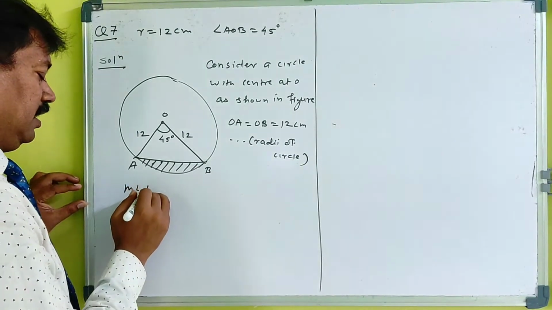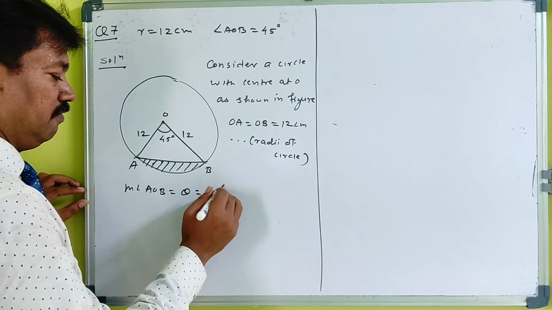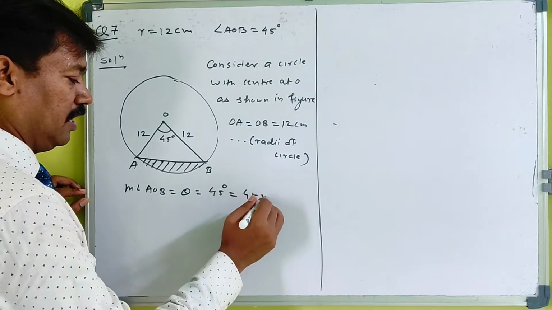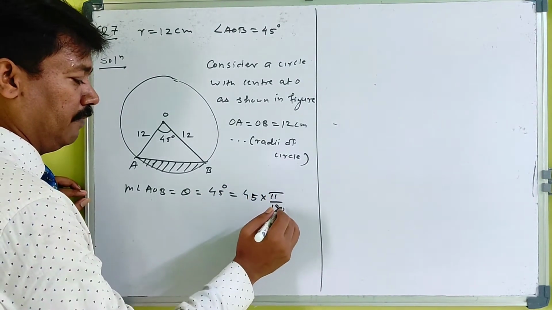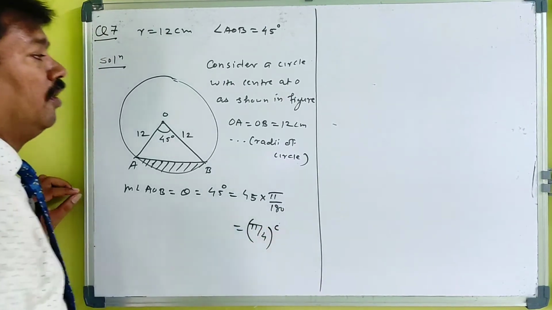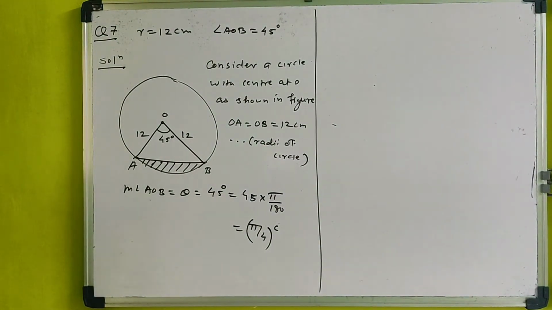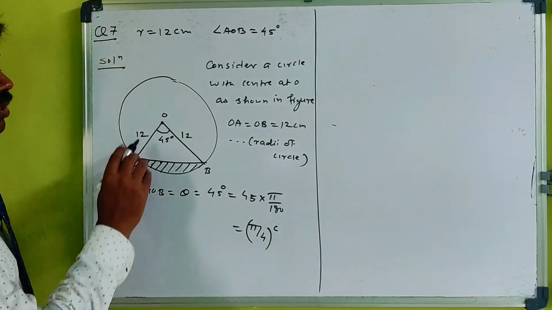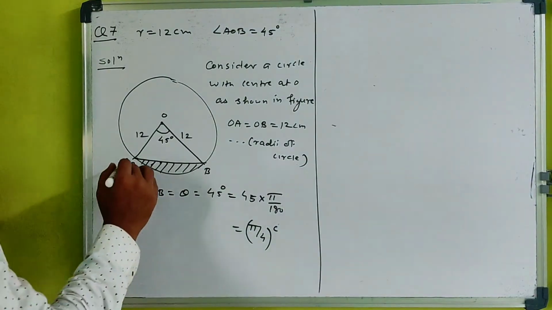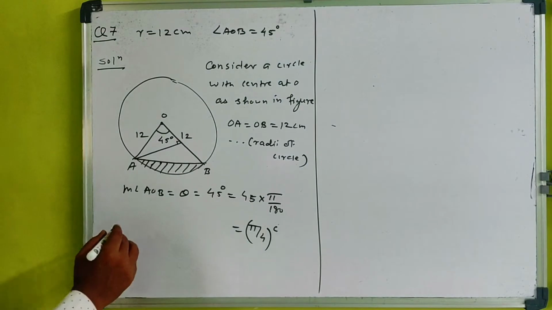And measure of angle AOB is equal to theta, 45 degree. That means 45 into pi upon 180, which is nothing but pi by 4 radian. Now the important job is to find the area of the triangle. So we have to find the area of the triangle. I am drawing this here: drawing AM perpendicular.